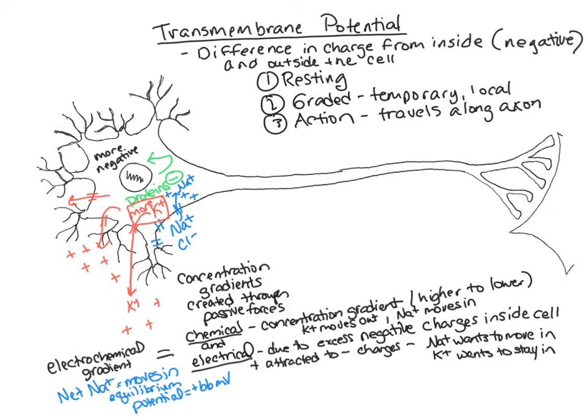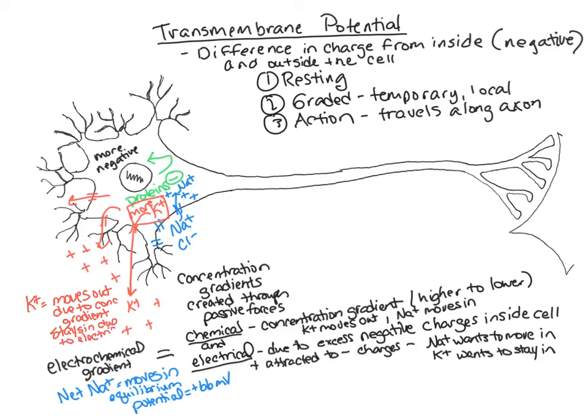Potassium ions want to move outside the cell because of its concentration gradient, where there are more potassium inside the cell than there are potassium outside the cell. But there's also an electrical gradient with potassium, and the potassium ions are kept inside the cell by the attraction between the positive potassium ion and the negative charges inside the cell.